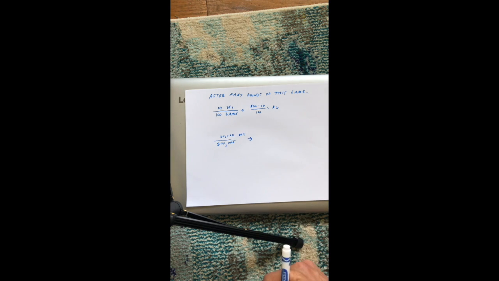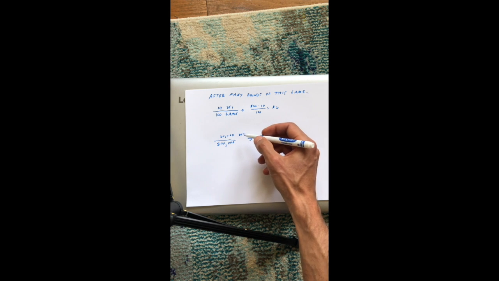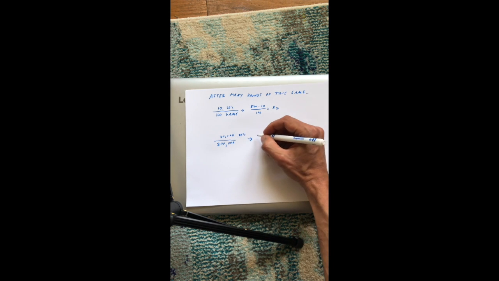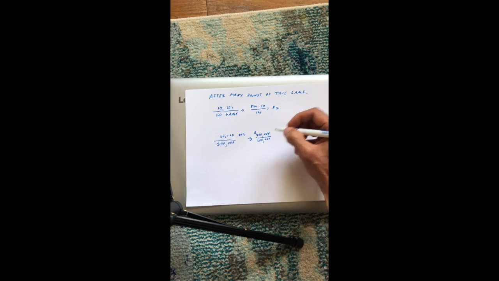That puts us at $400,000 of $20 bills pulled out of the bag, and there have been 200,000 games. So on average, this has given us about $2.